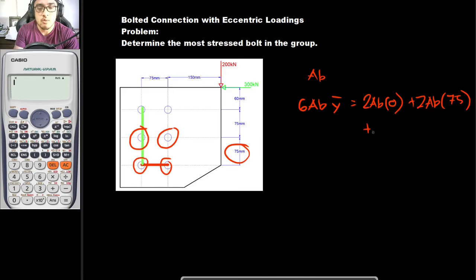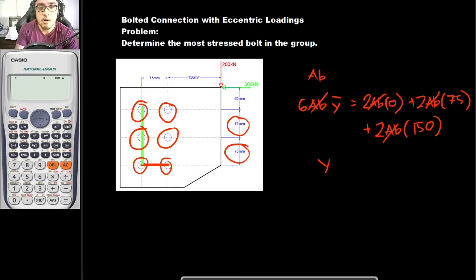Plus these 2 bolts, which is 2AB once again, times the lever arm of 75 plus 75, which is 150. Solving for y bar, since our AB would just cancel out, our y bar is equal to 75 mm.